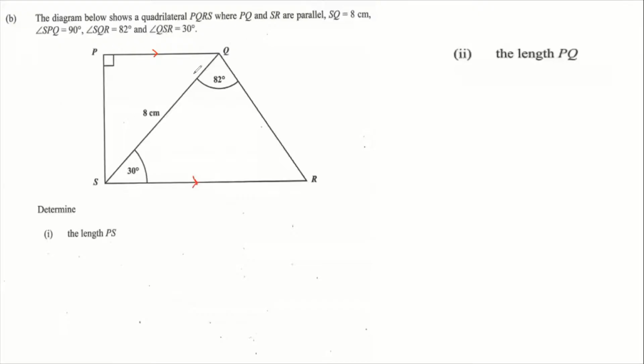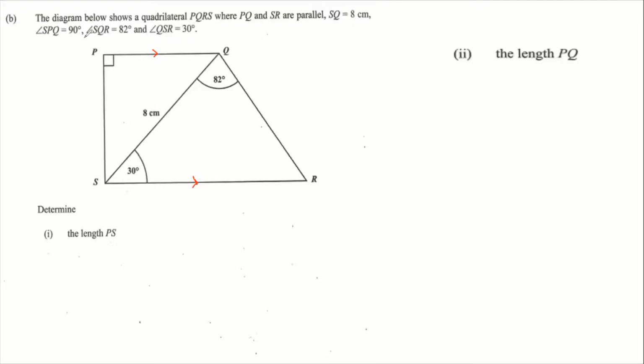So PQ and RS are parallel. And let's say SQ is equal to 8. Angle SPQ is 90, they give us that.